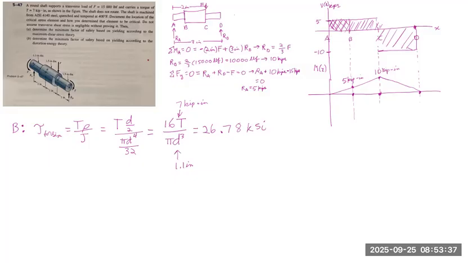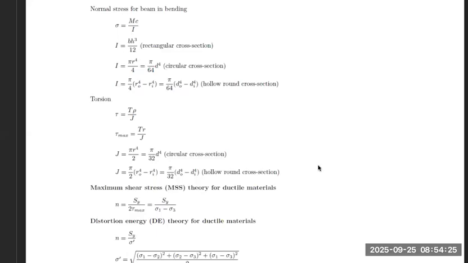Now, at location B, there is also a bending stress. There is an axial stress due to bending as well. As we see over here, our normal stress for a beam in bending is given by sigma equals the moment times c over I, where I is the moment of inertia, and is pi over 64 times d to the power of 4 for a circular cross-section.